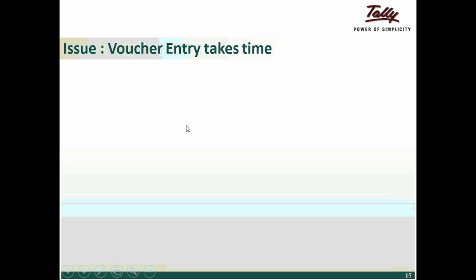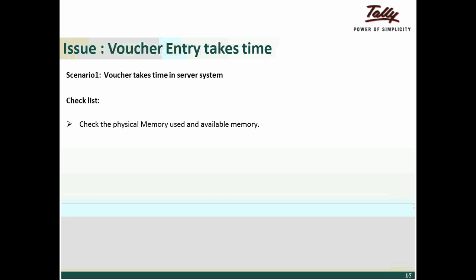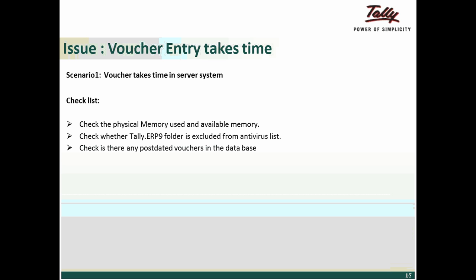Now the next thing is voucher entry taking time in the server. What checklist is supposed to be followed? Check again the same things: the physical memory, physical memory used and available memory. Check whether Tally.ERP is excluded in the antivirus list. Check whether there are any post-dated vouchers in the database.